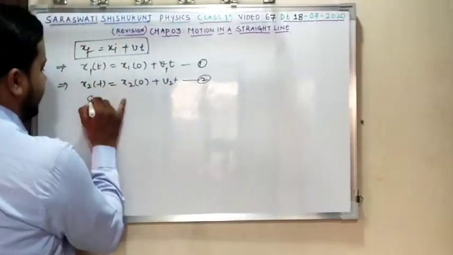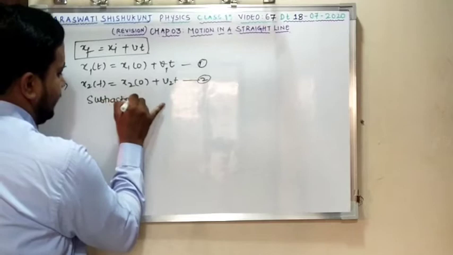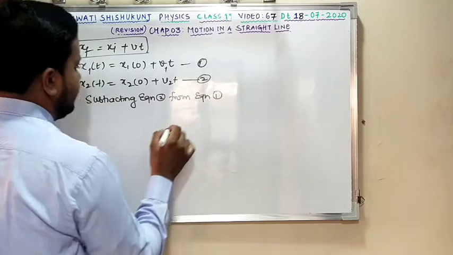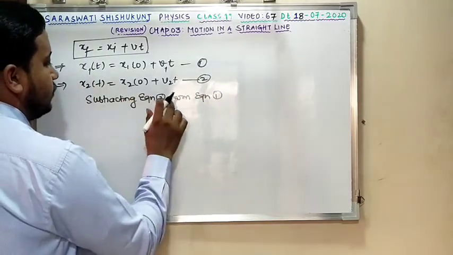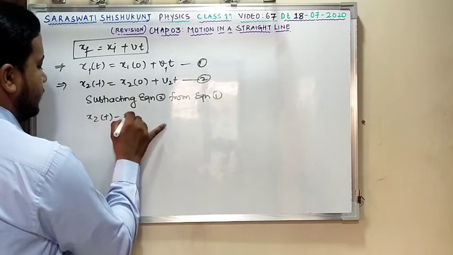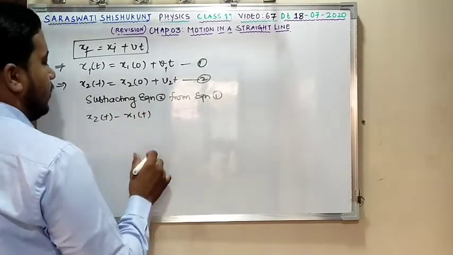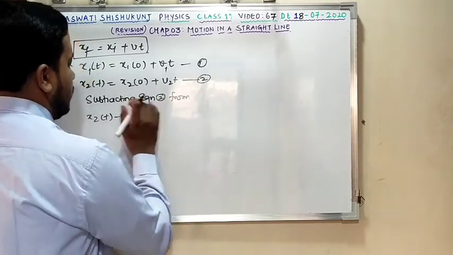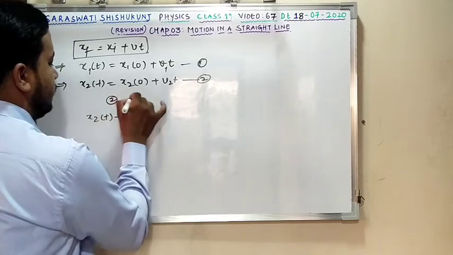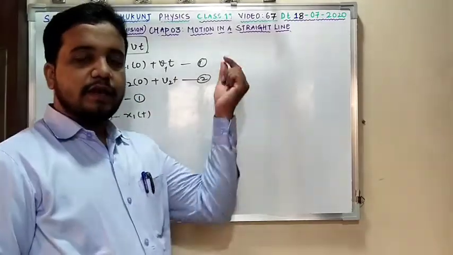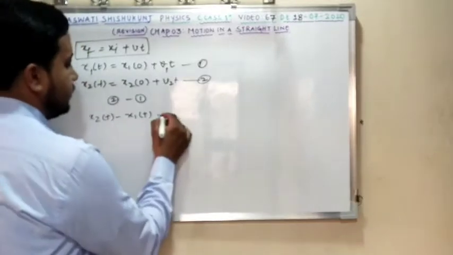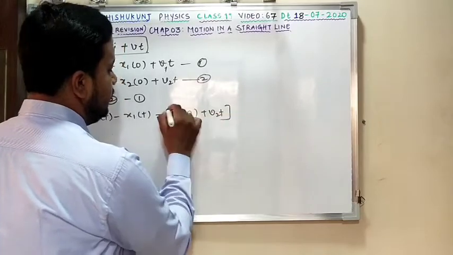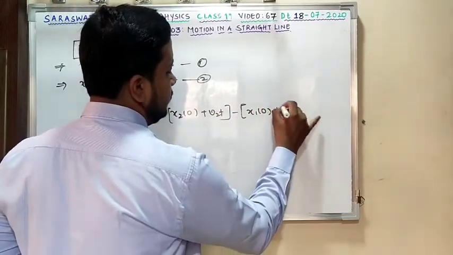Now moving ahead, subtracting equation 1 from equation 2, that is 2 minus 1. Clear? So x2(t) minus x1(t) is equal to, what am I going to get? x2(t) is x20 plus v2t, very good, minus (x10 plus v1t).